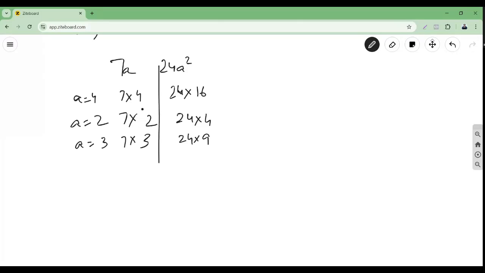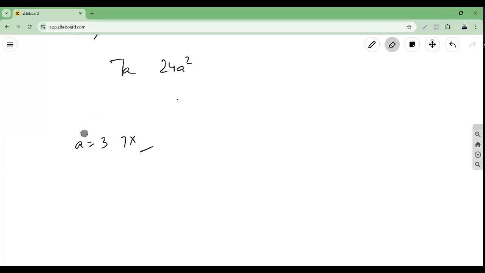Here, in the first set, you just multiply the value of A with 7. But here, you're not only doing that multiplication with 24, you're also squaring it. That means the rule itself is changing. When the rule itself is changing, they're not the same category. Though both terms have A, here A is only one time, A to the power of 1.